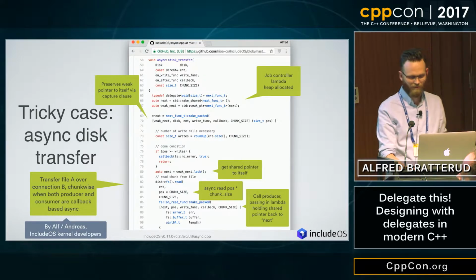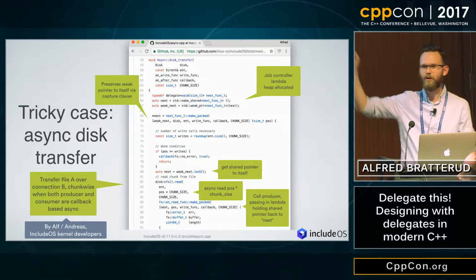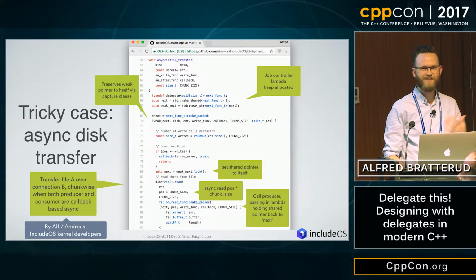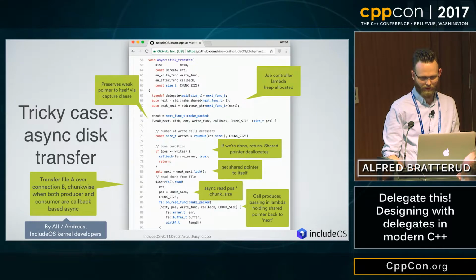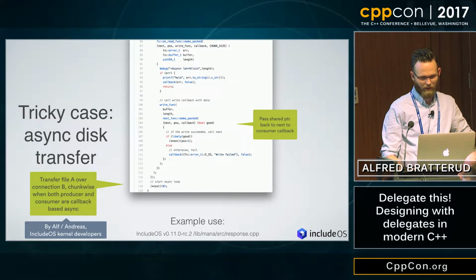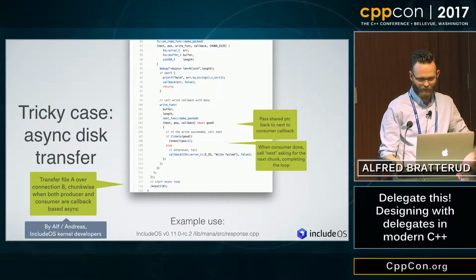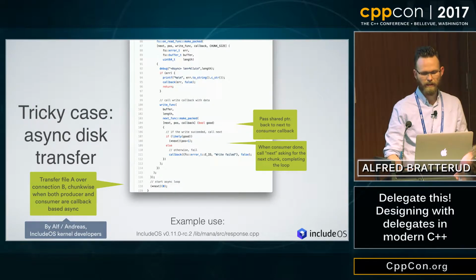So then we have to pass in a lambda that's holding a shared pointer back to this original caller, and you can see this seems quite messy. If we're done already, then we return, and it continues. We pass a shared pointer back to next to the consumer callback. When the consumer is done, it calls next, asking for the next chunk, completing the actual loop.